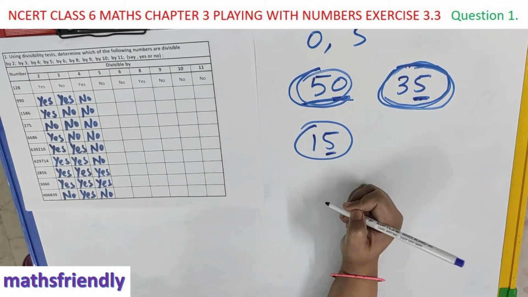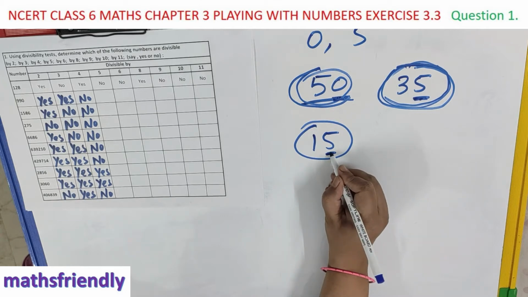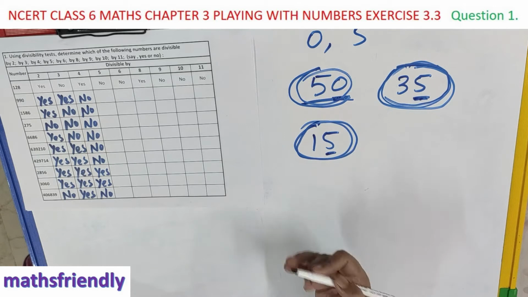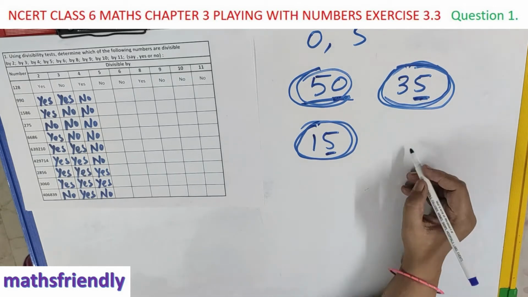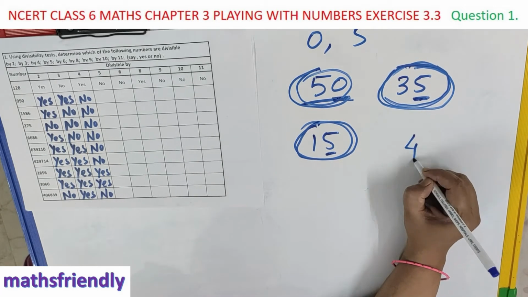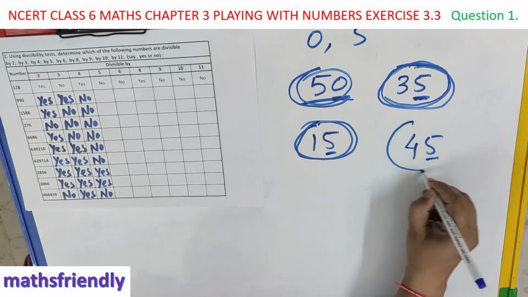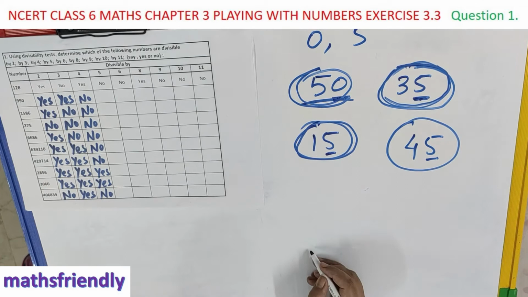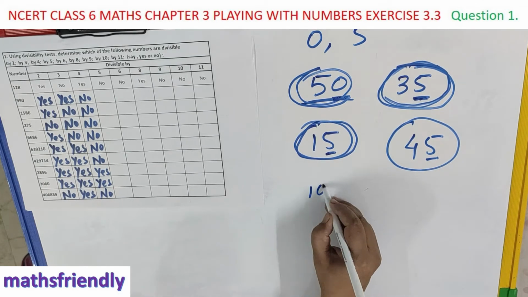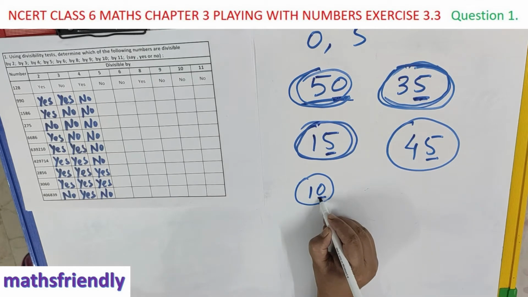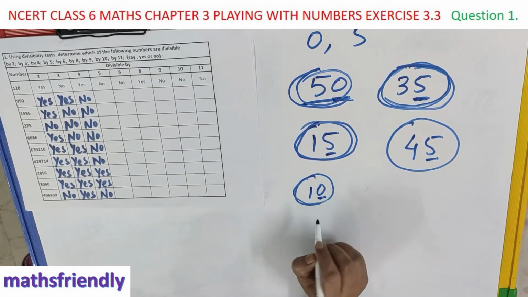We have to see the units place. If the units place is 5 or 0, then the number is divisible by 5. So 15 is divisible by 5. Now 45, is it divisible by 5? Yes, the units place is 5, so 45 is divisible by 5, right? 10, is it divisible by 5? Yes, the units place has 0, so this number is divisible by 5.